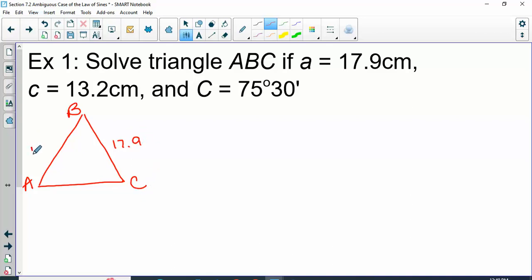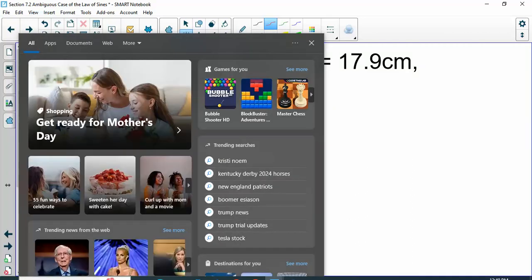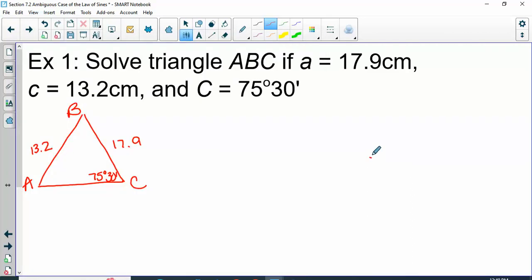Side c, across from angle C, is 13.2 centimeters. And angle C is 75 degrees, 30 minutes. So, different from Friday, I only have one angle given to me. We can still use the law of sines.